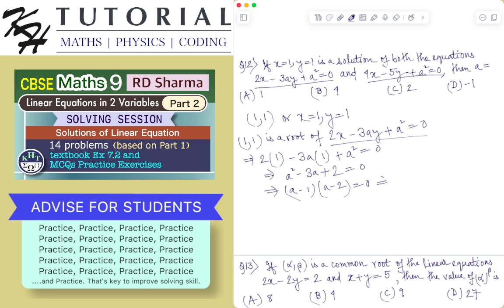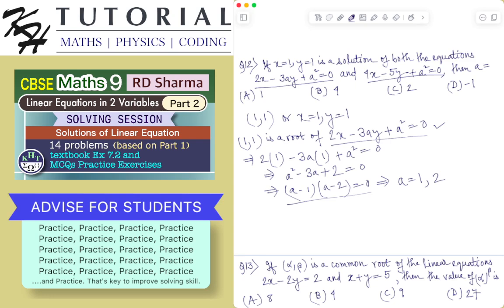So this implies that two values of a will satisfy this equation, which are a equal to 1 or 2. The value of a can be 1 or 2 from the fact that 1 comma 1 is a root of this equation. We are getting two possible values of a, which are 1 and 2. Okay.